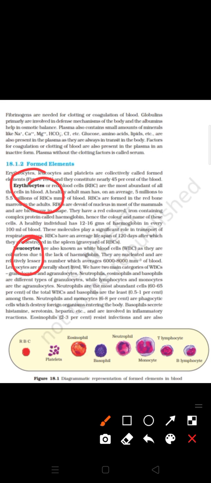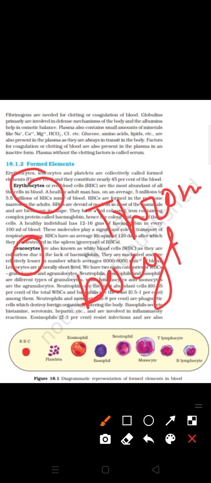And third is blood platelets, known as thrombocytes. RBC means erythrocytes. They are generally the hemoglobin-containing cells that carry oxygen in the blood, and they are non-nucleated or enucleated in humans.